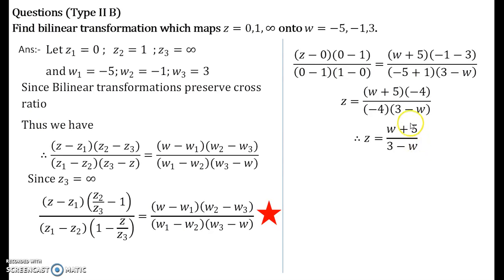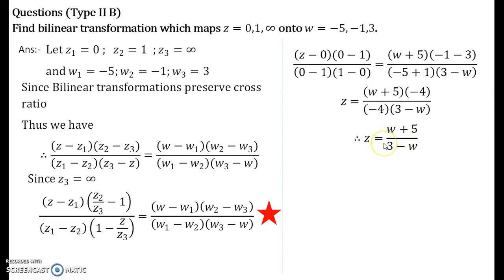But our definition of bilinear transformation is that we need w equal to whatever terms you will have, that is, w equals az plus b divided by cz plus d. That format is required.